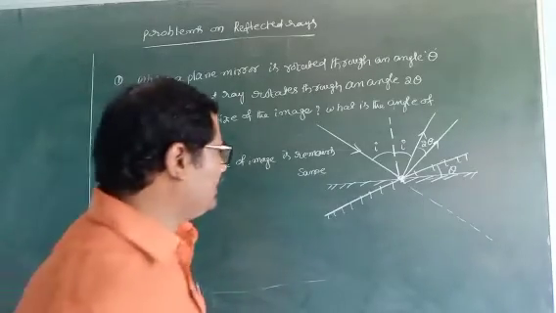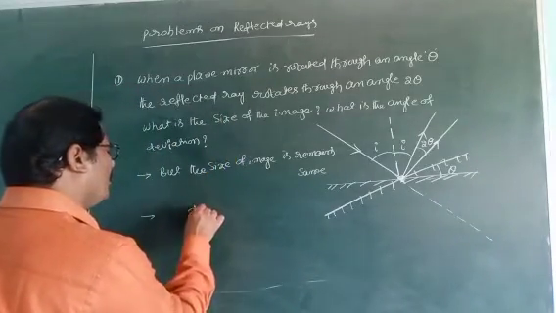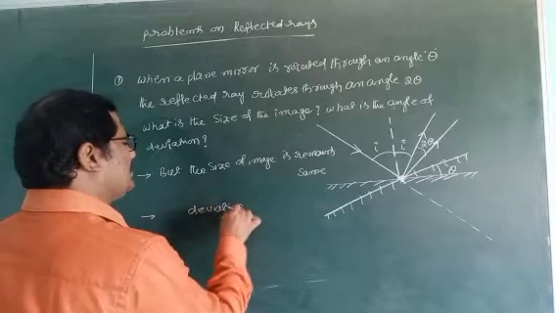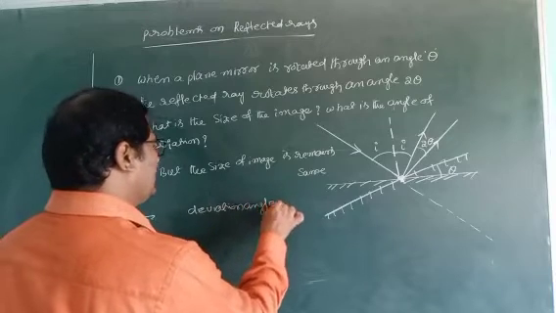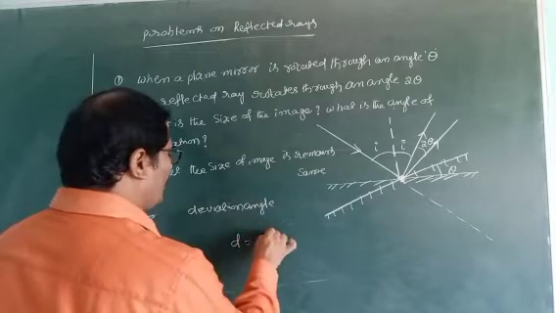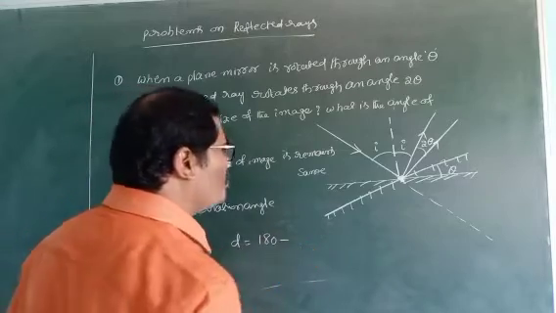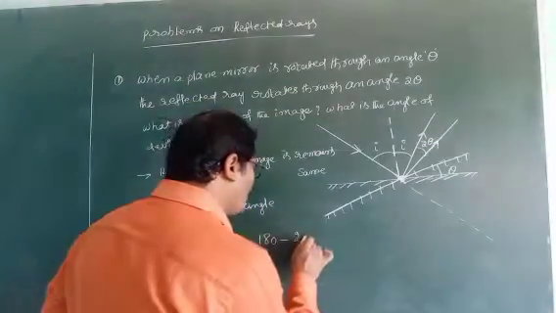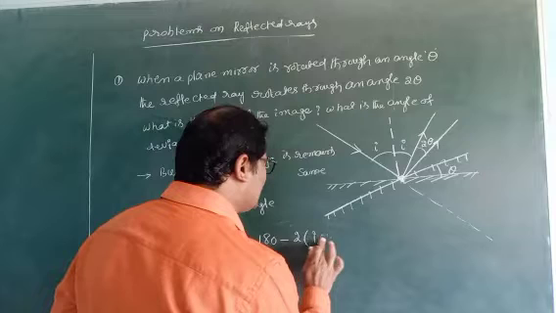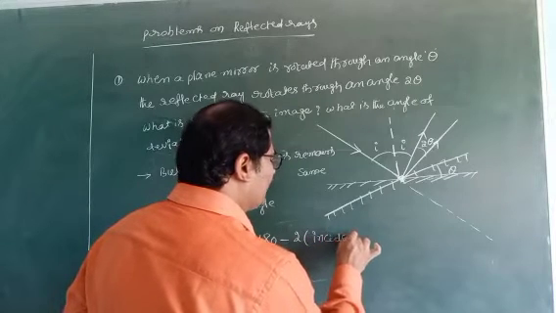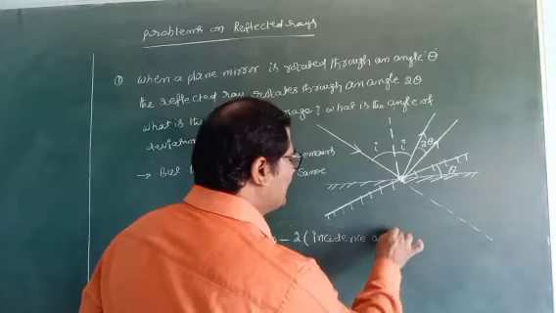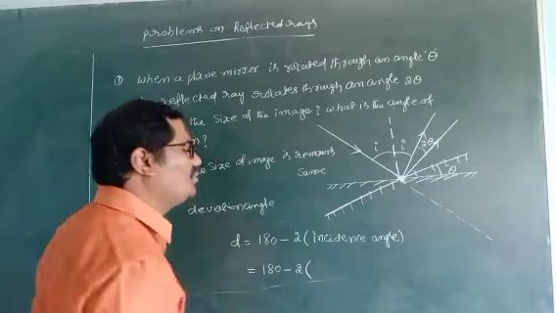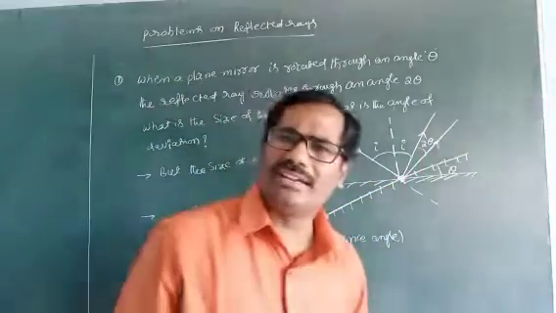The deviation angle D is equal to 180 minus 2i, that means 180 minus 2 into the incidence angle. This varies with the theta formation.